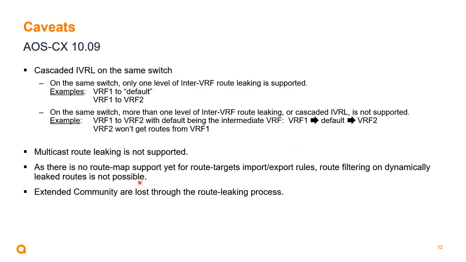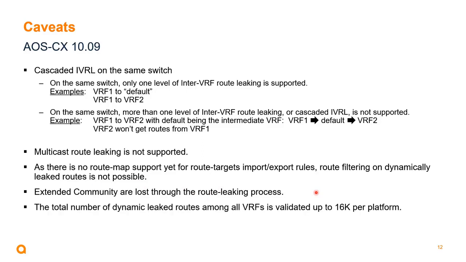The extended communities are lost through the route leaking process. I will show you this in the demonstration. And pay attention that the total number of dynamic leaked routes among all the VRFs is for the time being limited, validated to 16K per platform.